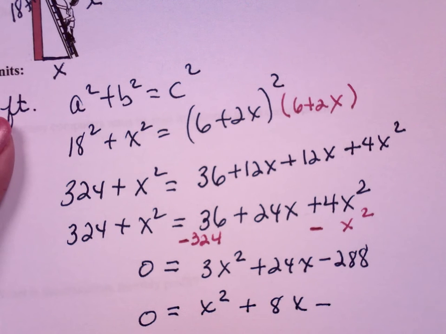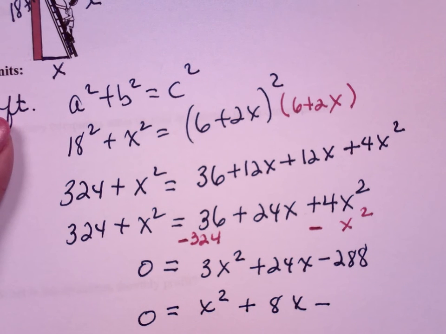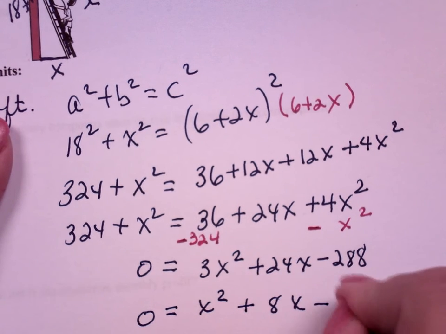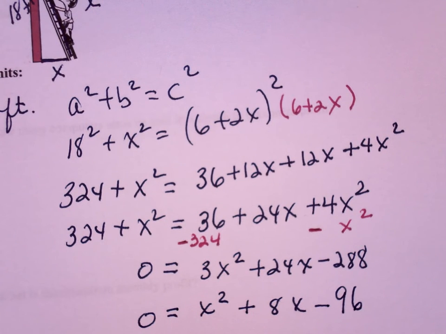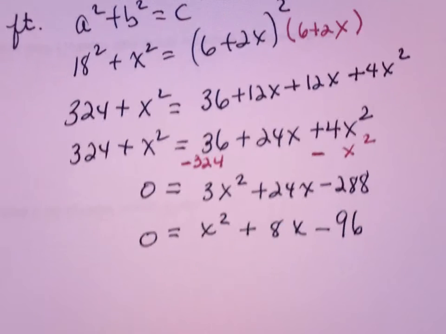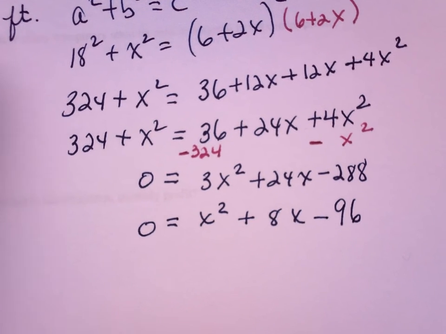Now I'll take 288 and divide it by 3. That's 96. I haven't a clue whether or not this thing is factorable. 96 is too big a number for me to try that.